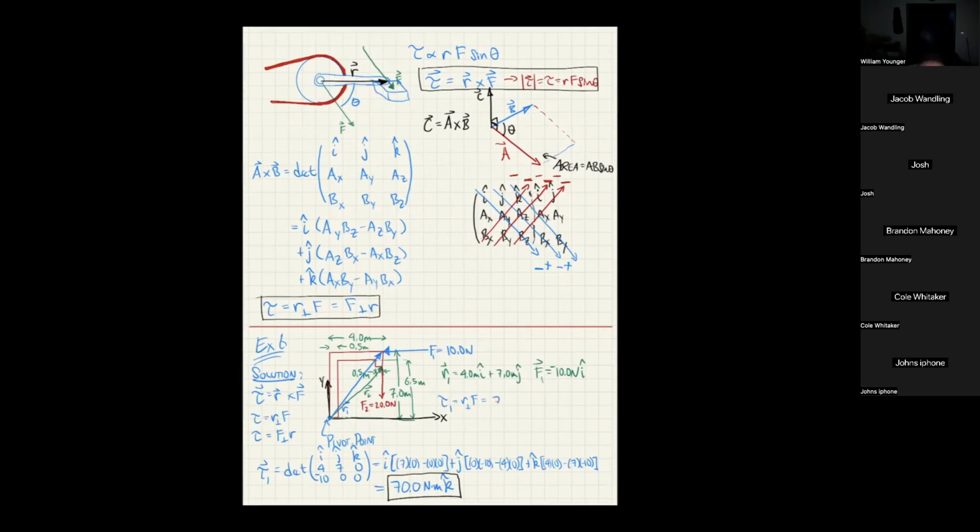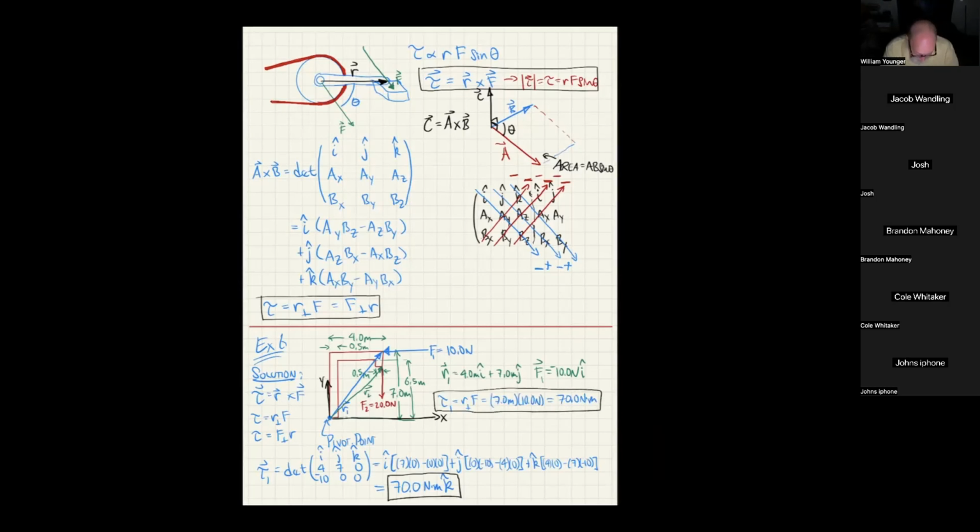So I'm going to do 7.0 meters times 10.0 newtons, and that's going to give me 70.0 Newton meters. Of course, you can still use your right hand rule to figure out exactly what direction it is, but I already got the answer. So it definitely works, and that's definitely a lot easier.